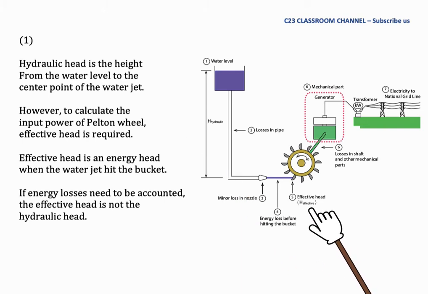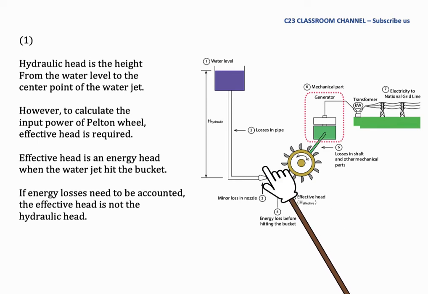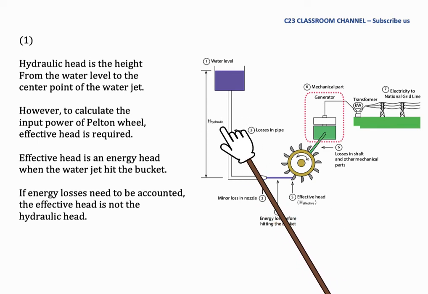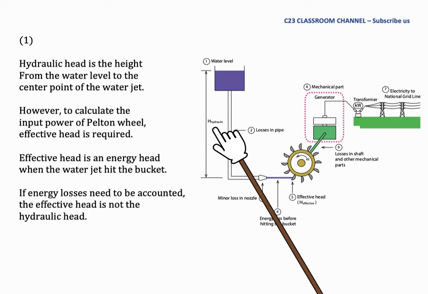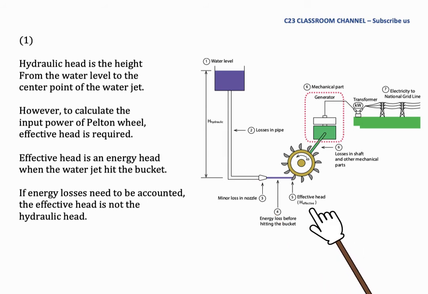So this is the effective head, because the hydraulic head here is not equal to the effective head. The effective head is the head of energy that gives the input power of the Pelton wheel.